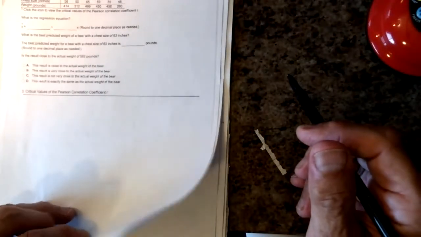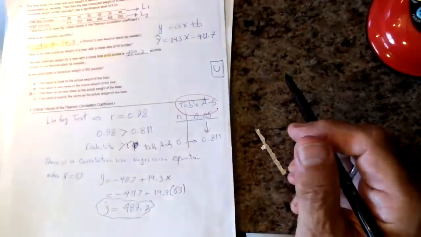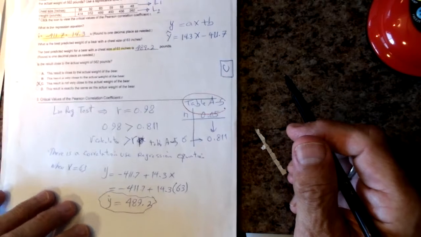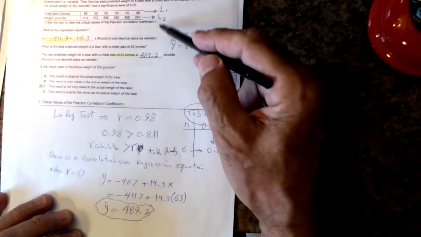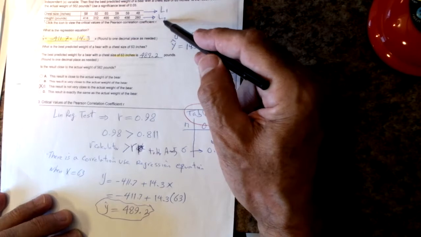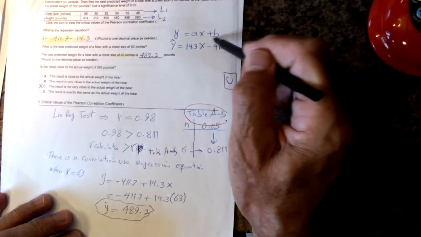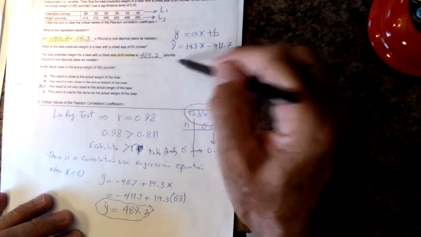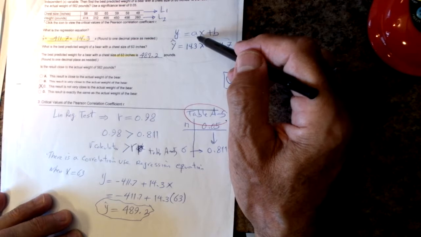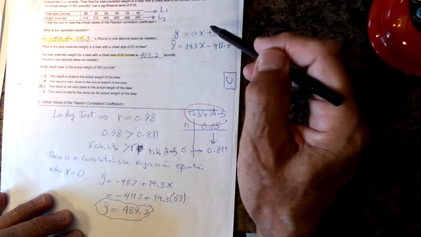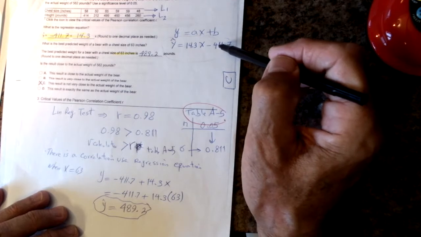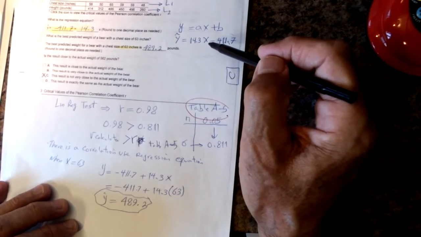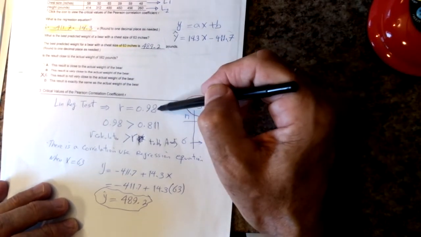Then I'll show you an example here, and this is the solution. What we did, we used our calculator. I put all this in L1 and L2. When I did that, the calculator gave me the regression equation directly, so I don't have to use a naught and b naught separately. And then all I need to do is see if that R value from the calculator is a good one or not.